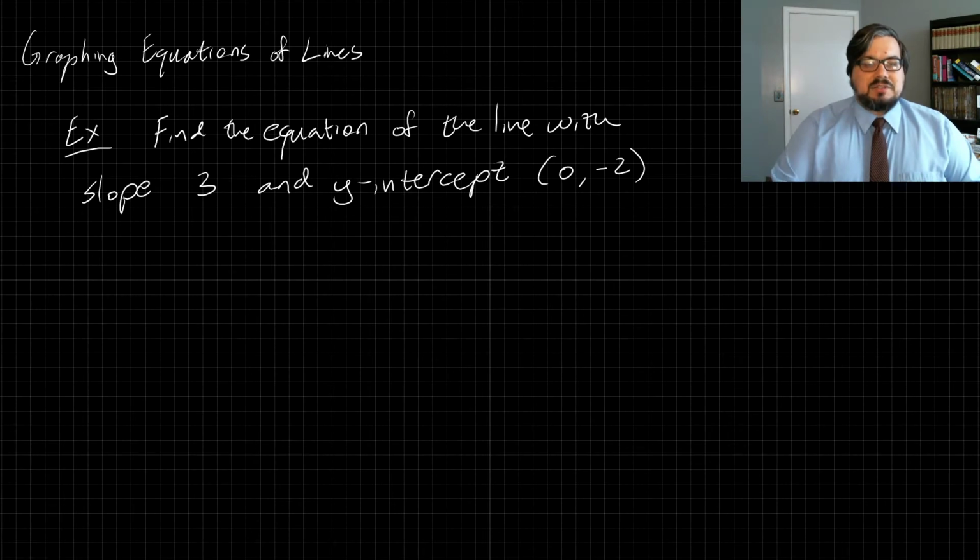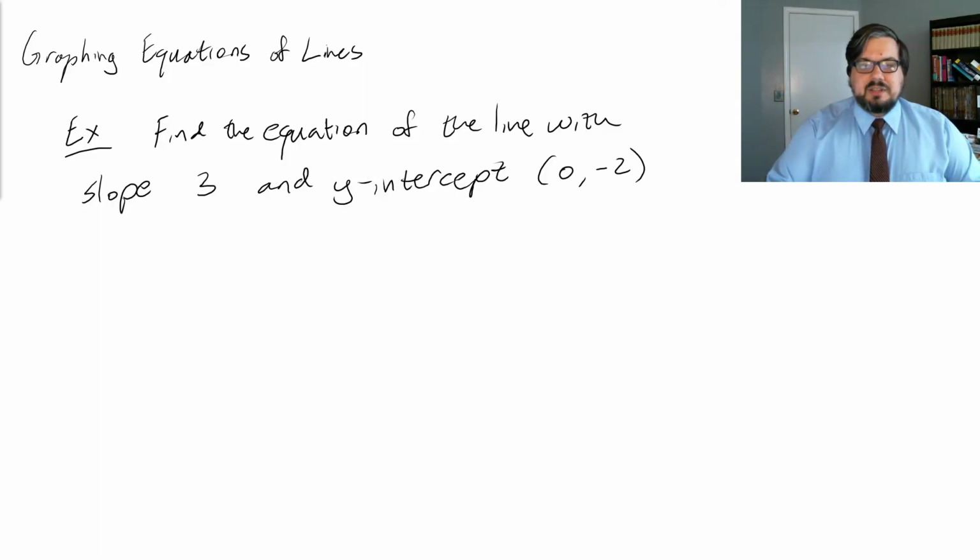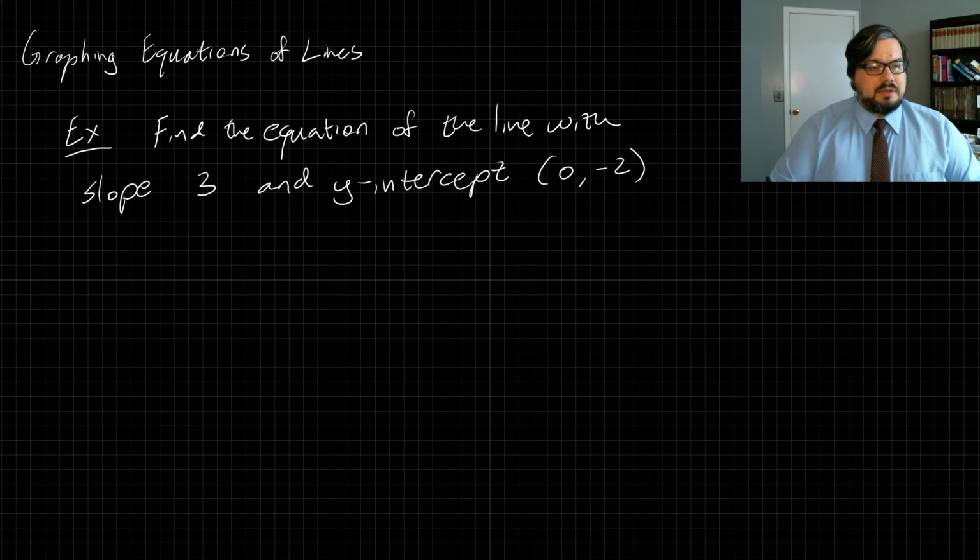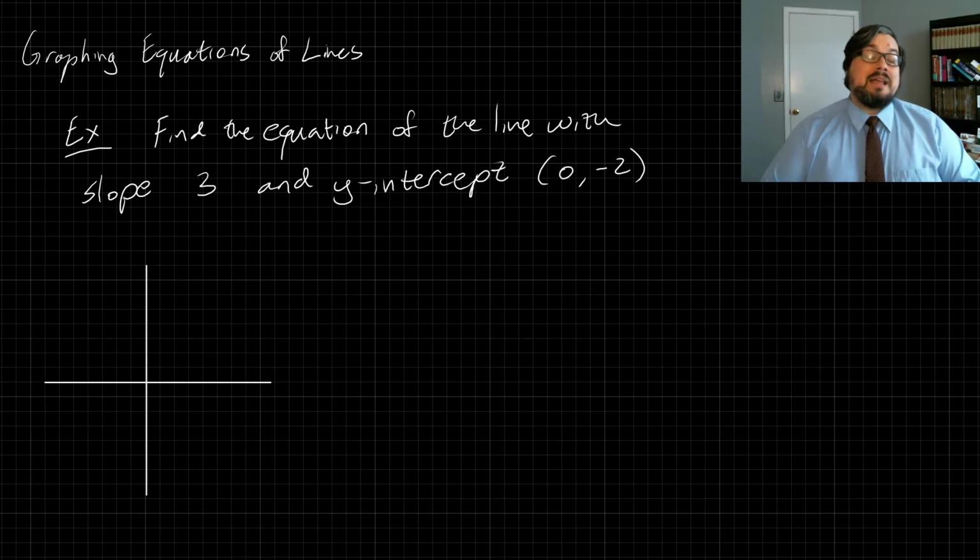Let's sketch out what we've got here. Well, we've got our line, and we know one point on the line right away. We're told that the y-intercept of this line is (0, -2).